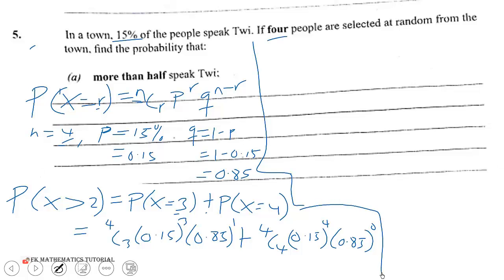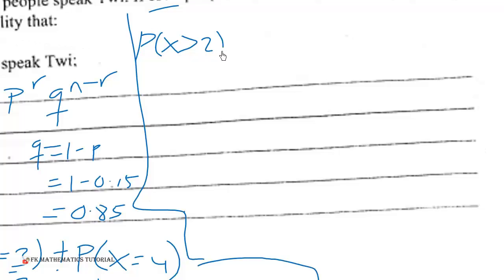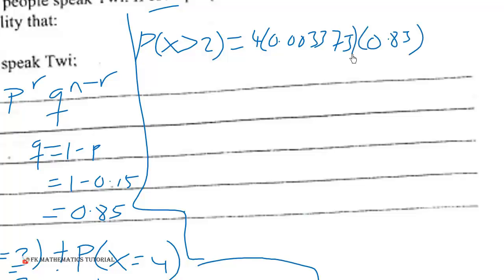We simplify this, and we are going to obtain the probability of X greater than 2 to be equal to 4 times 0.003375 times 0.85. Then we add it to 1 times 0.00050625.